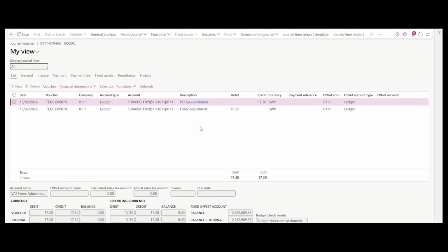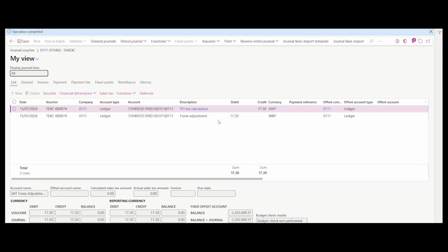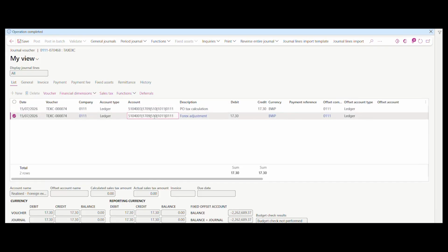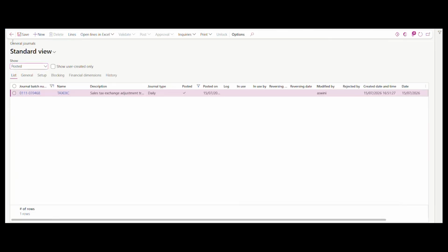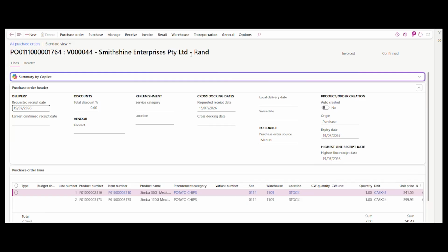So we can see that the 17.3 has been adjusted to the VAT control account, or the VAT forex adjustment account, and that will be debited for the realized forex gain or loss. So this is how we can maintain the dual exchange rate on the purchase orders for VAT control purposes.